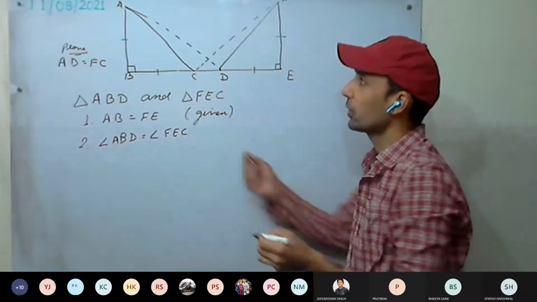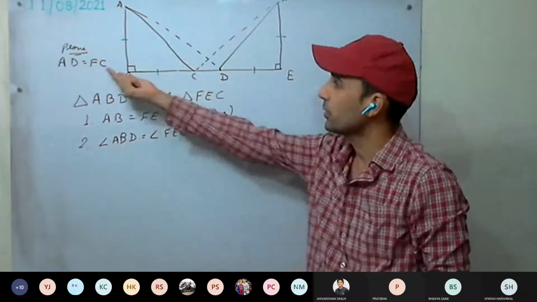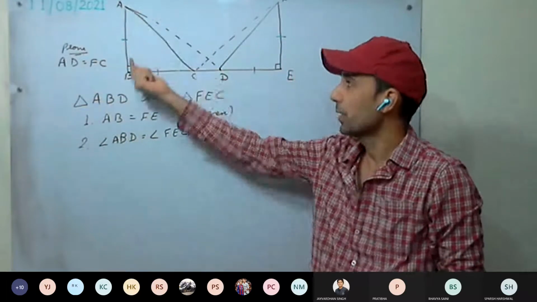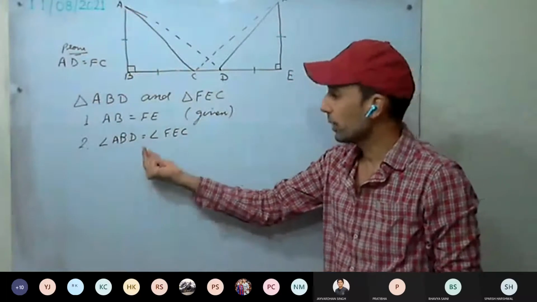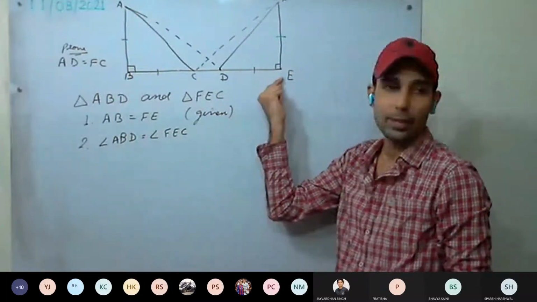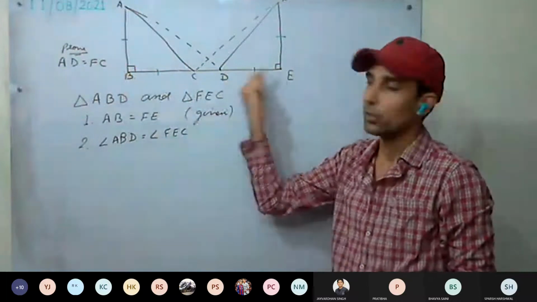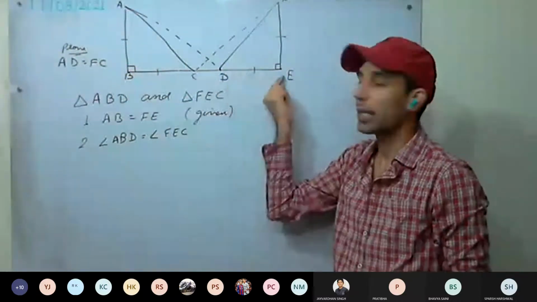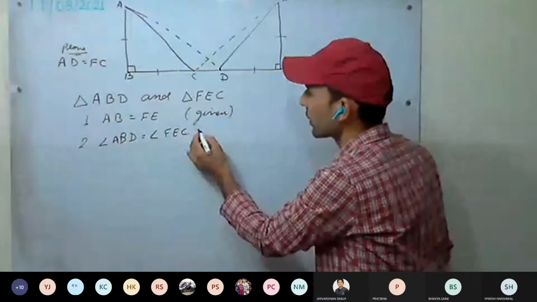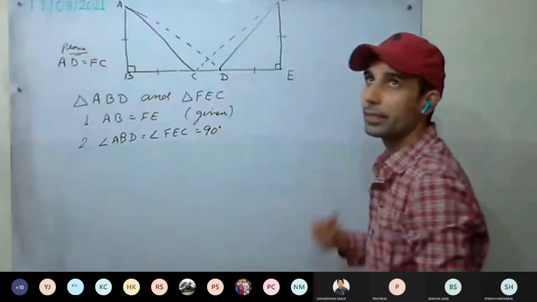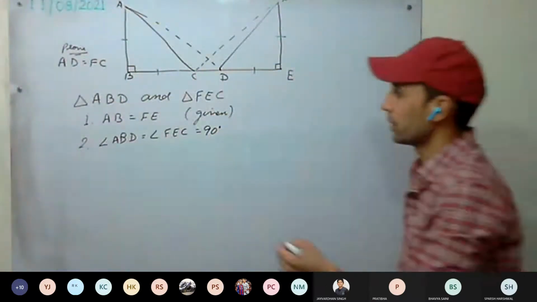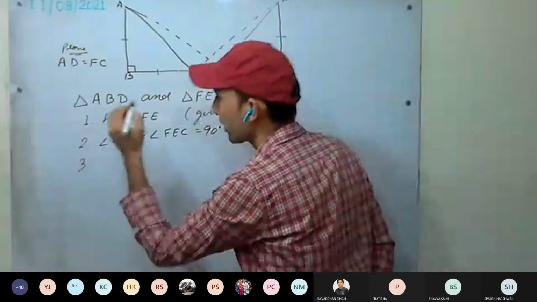Or you can write ABC as well, but since we are using the triangle, it's better to write ABD. Or you can simply write angle B equal to angle E, because there are no other angles at these vertices. Equal to 90 degrees, it is as well given. Now the third one.